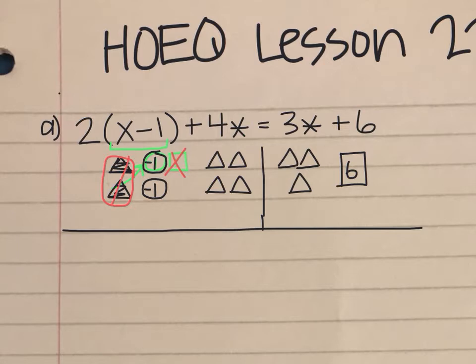I'm going to cross off those 2 x's with these 2 stars because those are 0 pairs. And I think I need to rewrite because I'm confused about what I have left. It looks like I have negative 2 because I've got my negative 1 plus negative 1 here. I summarized that as negative 2. And I've got 2 stars. And over here I've got 3 stars and a 6.